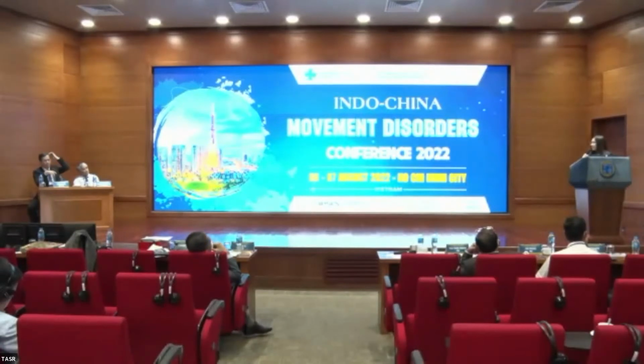There are overlapping features like reduced step height. So sometimes some people can misunderstand the observation. But what will help is the movement fluidity. But it's not 100%, so you need further neurological examination also.